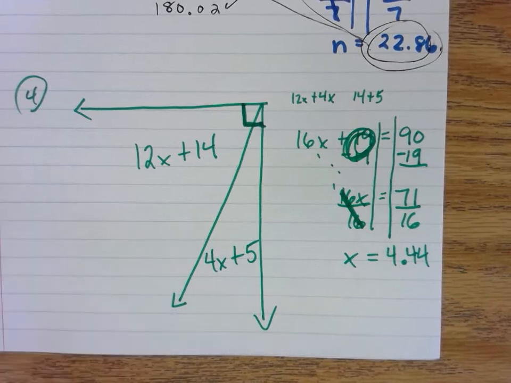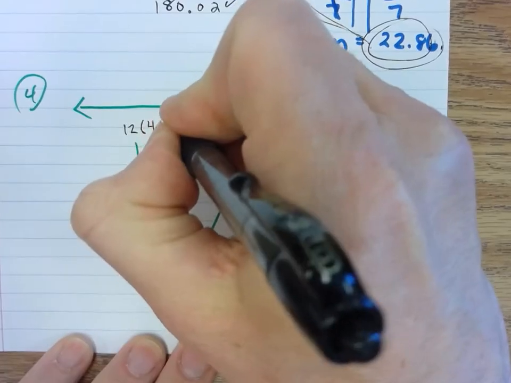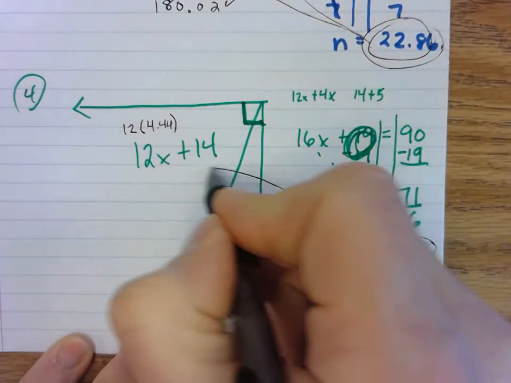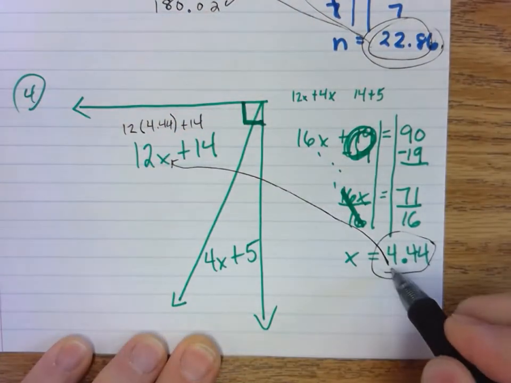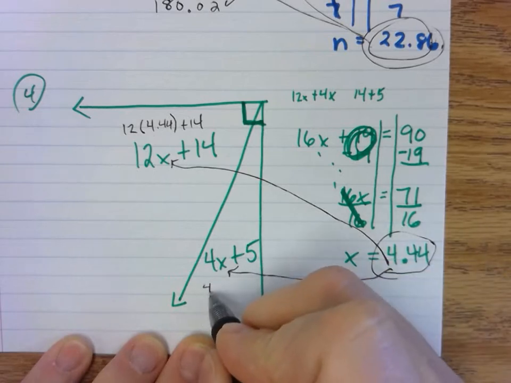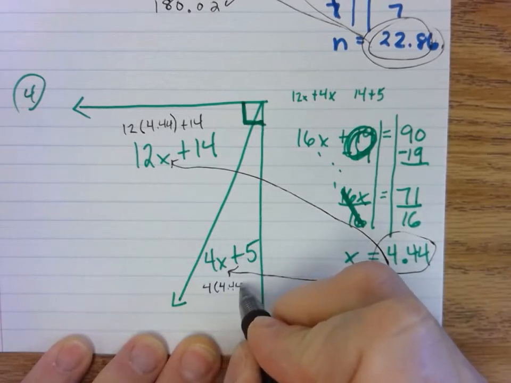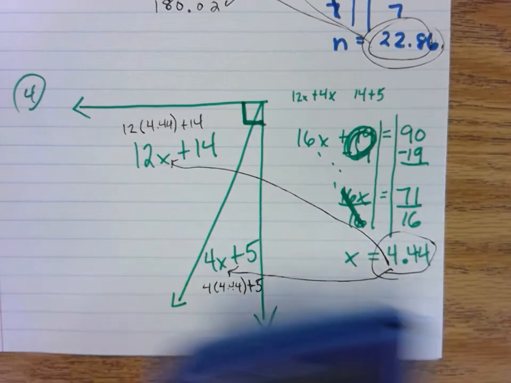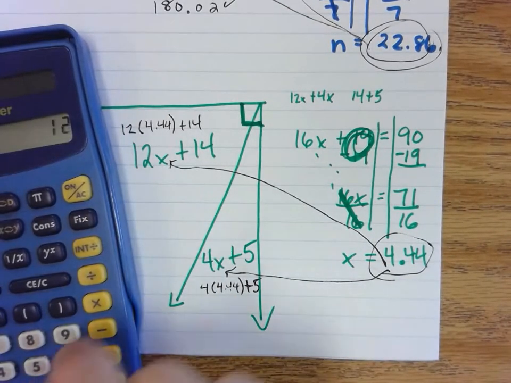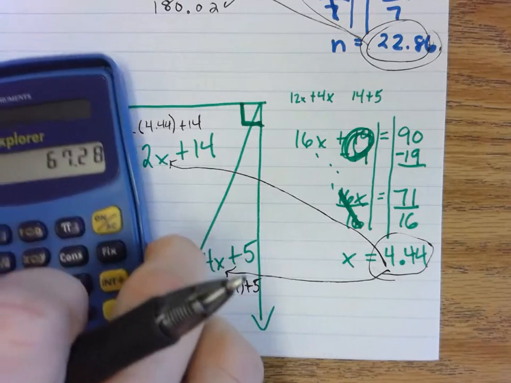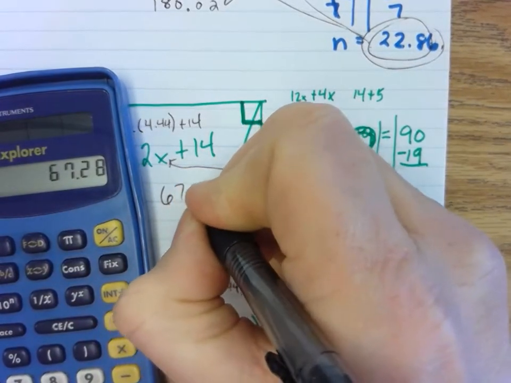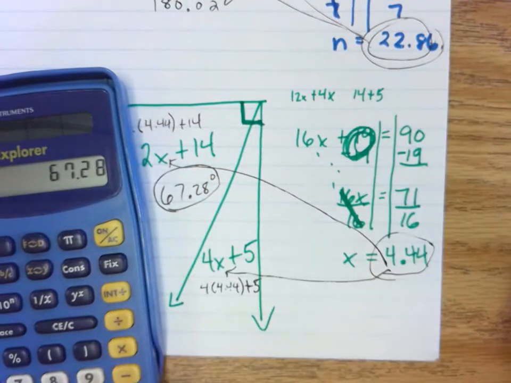Now I'm going to take my 4 and 44 hundredths and put it over there for that one. 12 times 4 and 44 hundredths plus 14, and I'm also going to put it right there: 4 times 4 and 44 hundredths plus 5. 12 times 4 and 44 hundredths plus 14 is 67 and 28 hundredths degrees.